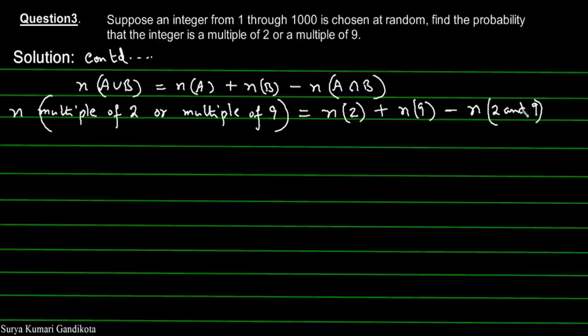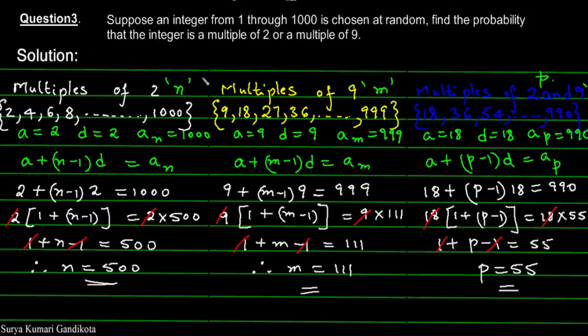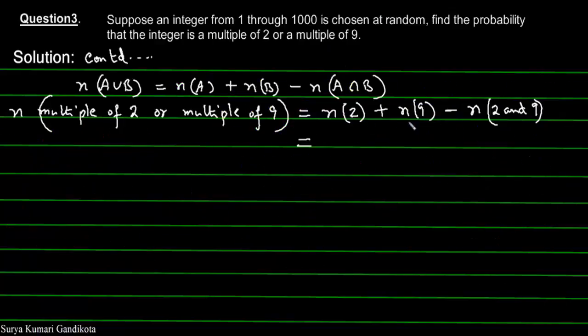We have found the number of multiples of 2 as 500. So this is nothing but n plus m minus p, in other words.